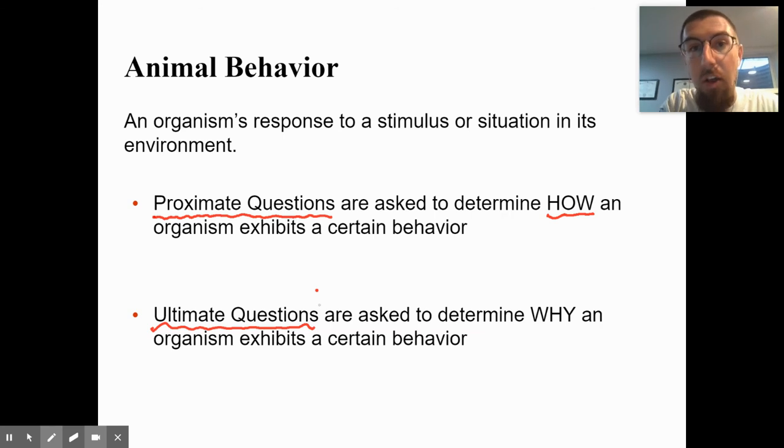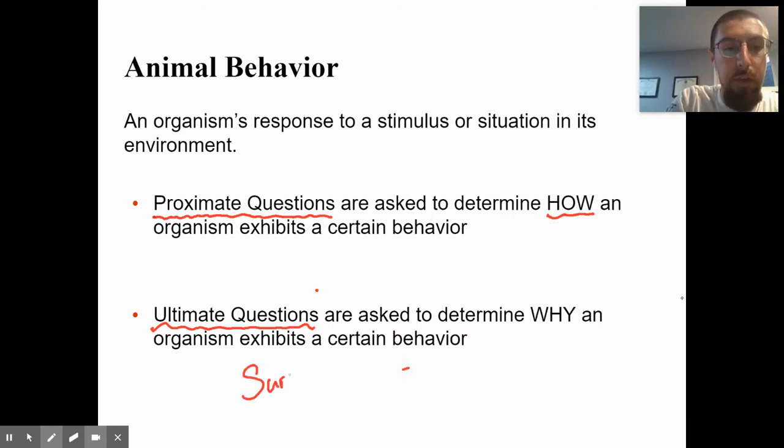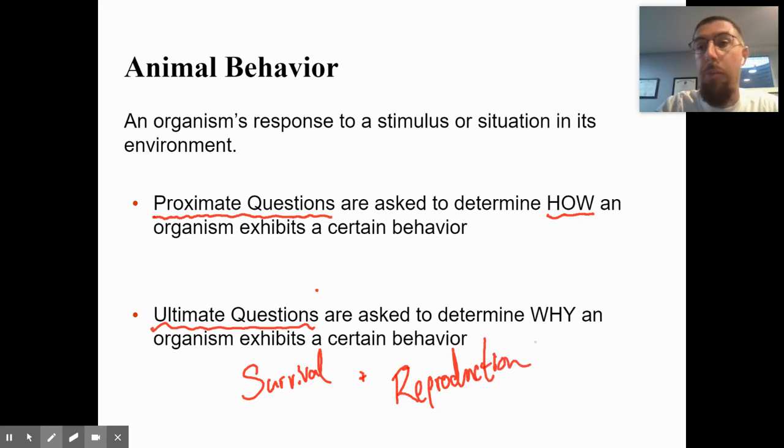Basically, all ultimate questions come down to two words: survival and reproduction. Animals do the behaviors they're going to do in the hopes of surviving and reproducing. They in general fall into one of those two categories, if not both. Okay.